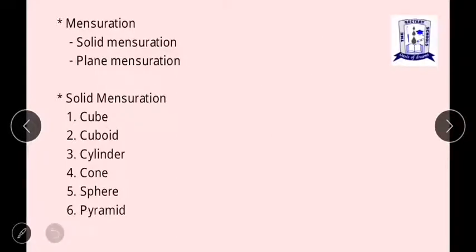So solid mensuration deals with the properties of a solid shape. That is what we shall be looking at today. We shall be treating solid mensuration. Solid mensuration has properties of many solid shapes under it, such as cube, cuboid, cylinder, cone, sphere, and pyramid.